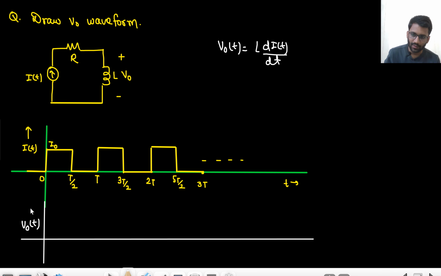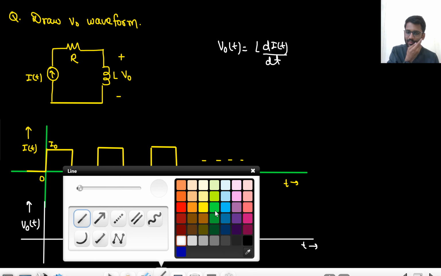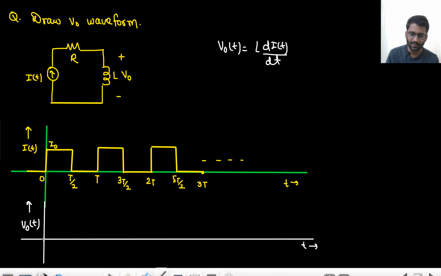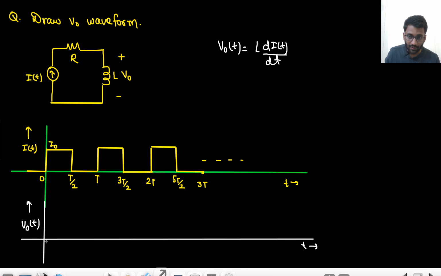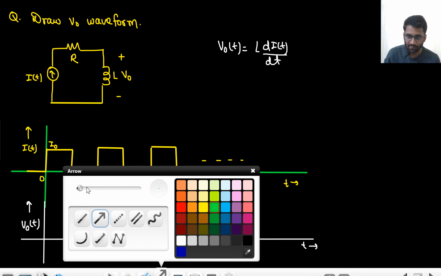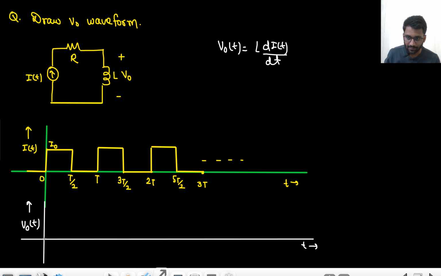This will be your V naught T. What is the integration? Simply an impulse, right? Initially I will have an impulse here, at t equals 0, of L I naught.